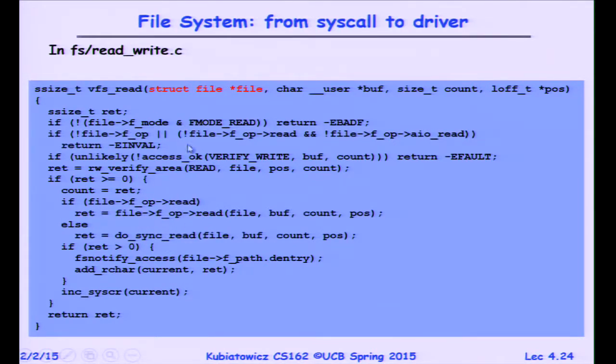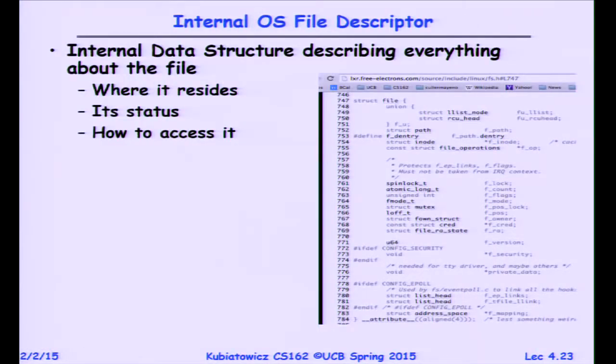And notice here that the file has f_op, the operations table, and its read entry. So what is this? This says for the given file you've opened, look at the table of possible operations on that particular file system and pull out the read. So that was what I was looking for here. Why can't I find it in here? I had this earlier today.